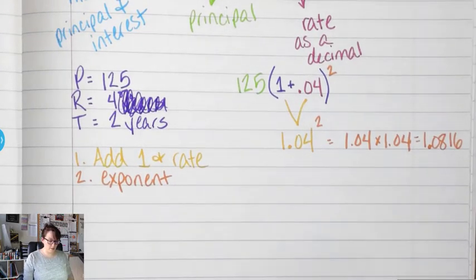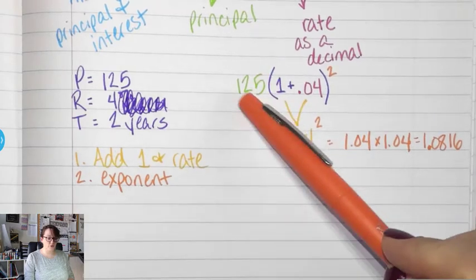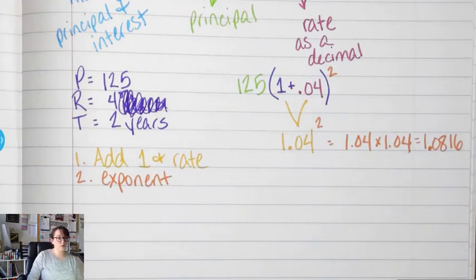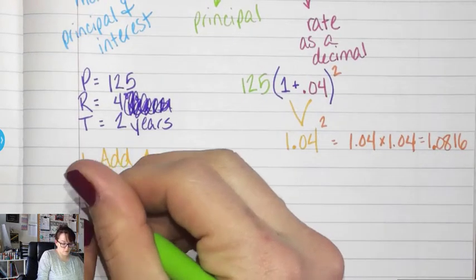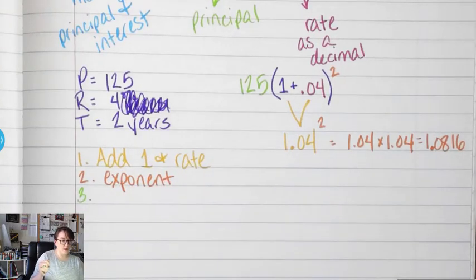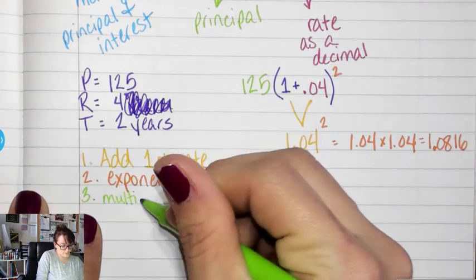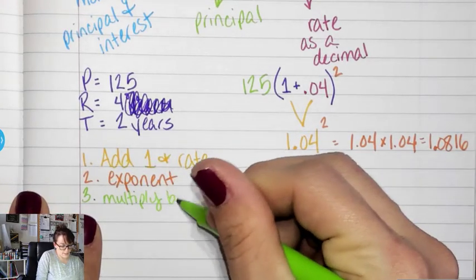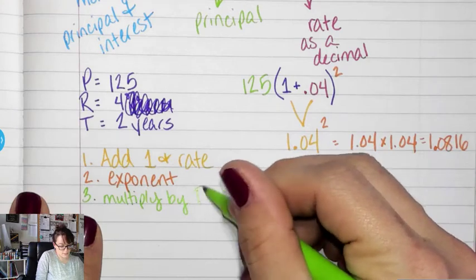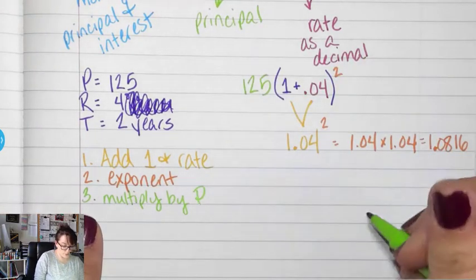1.0816. Now we have the 125. We will, but round at the end. So step 3, we multiply by principal, which was how much?